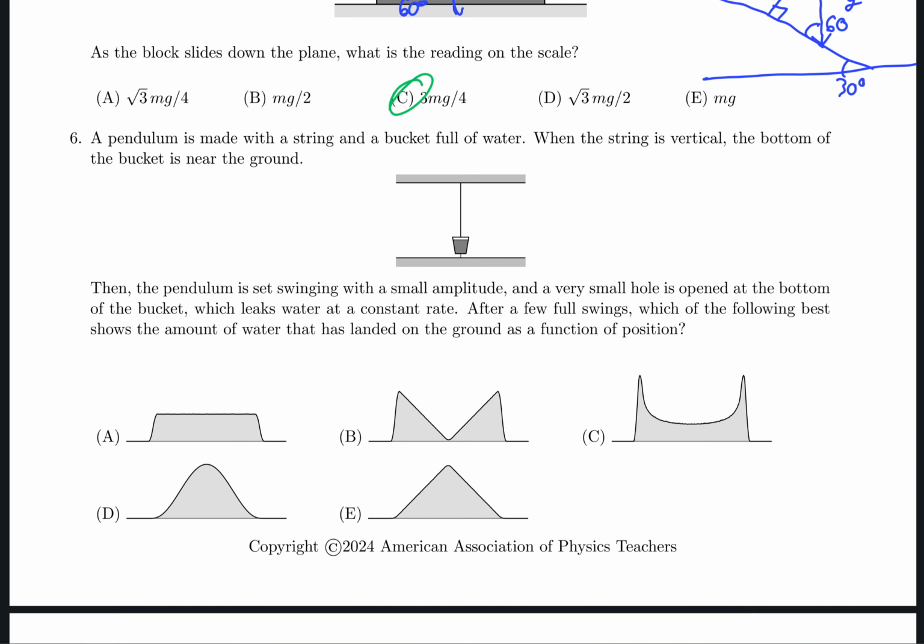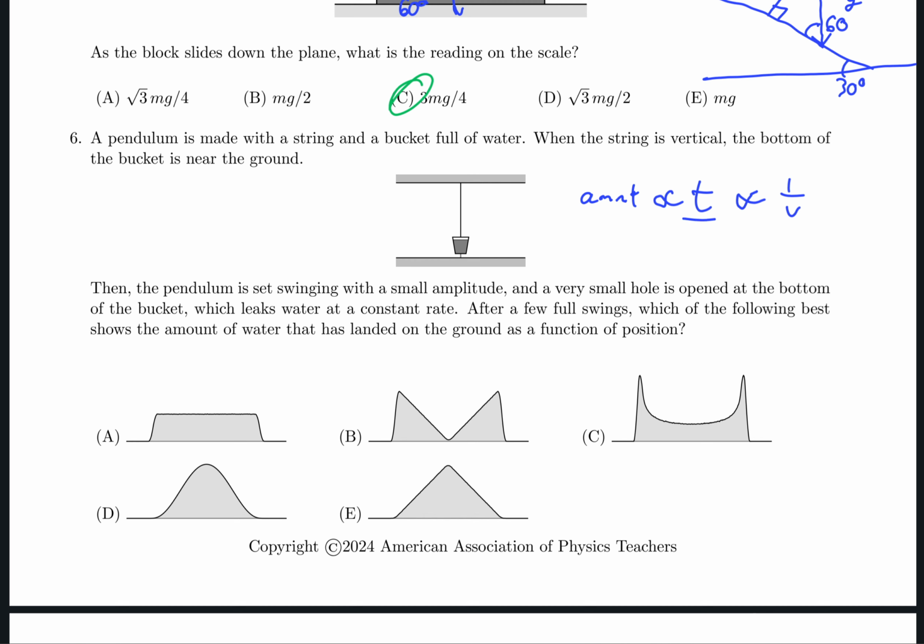A pendulum is made with a string and a bucket full of water. When the string is vertical, the bottom of the bucket is near the ground. Then it's set swinging with a small amplitude, and it's leaking water. The important thing to notice is that the amount of water dropped on the ground is proportional to the time spent at a certain location, which is proportional to 1 over the velocity, because velocity is change in position over time.